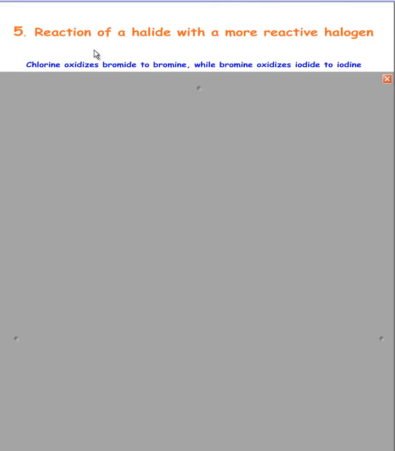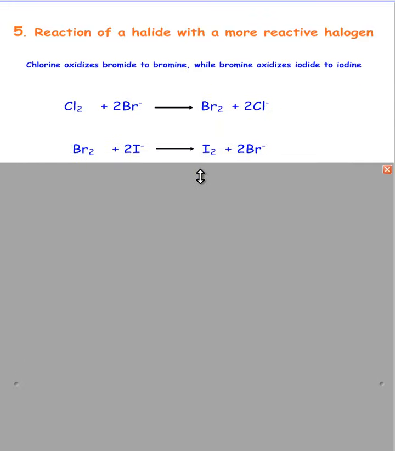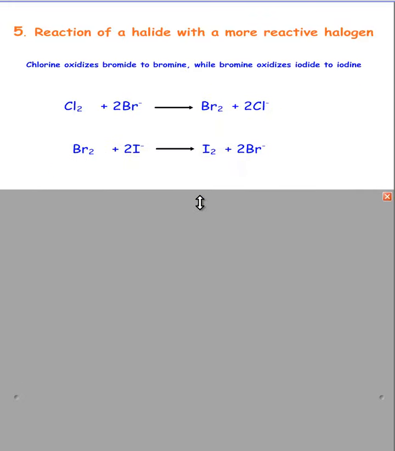Another example is the reaction of a halide with a more reactive halogen. The chlorine oxidizes bromide to bromine, and bromine oxidizes iodide to iodine. This is an example of oxidation reduction. The Cl2 gains 2 electrons from this one, which becomes bromine, and then that becomes a chloride ion once it gains them.